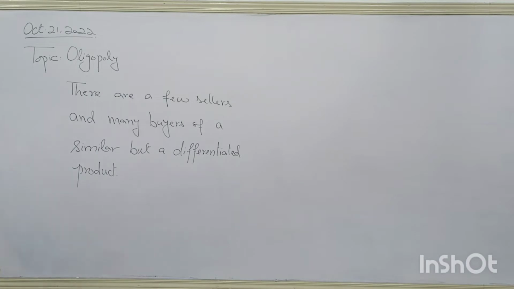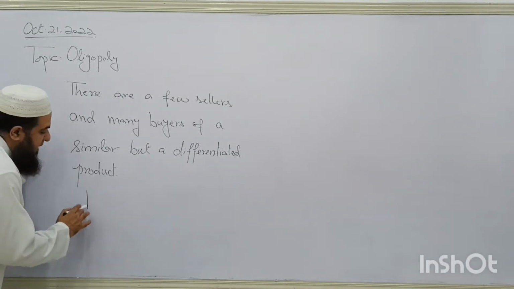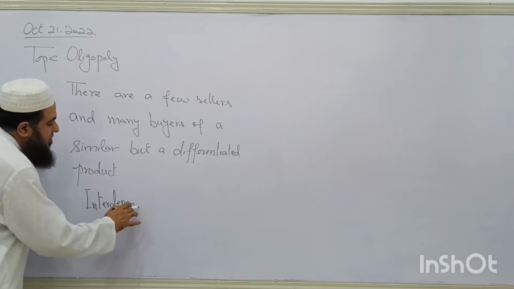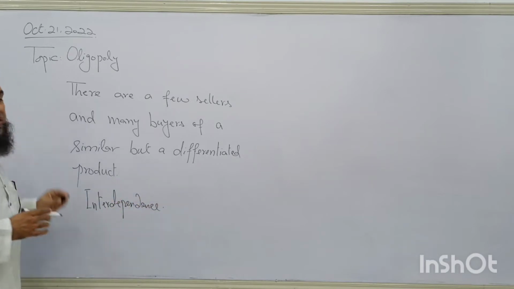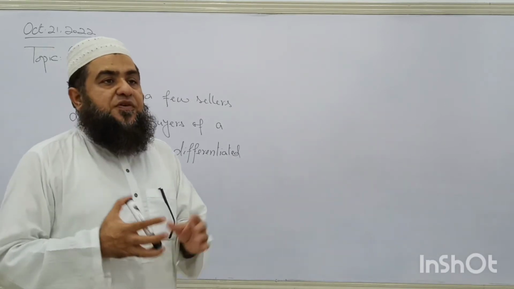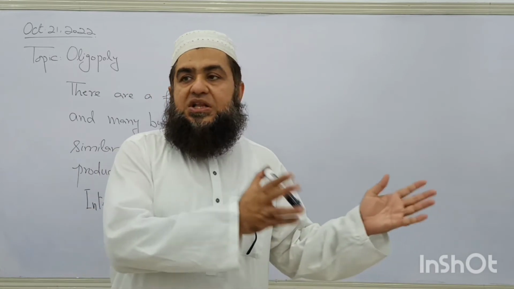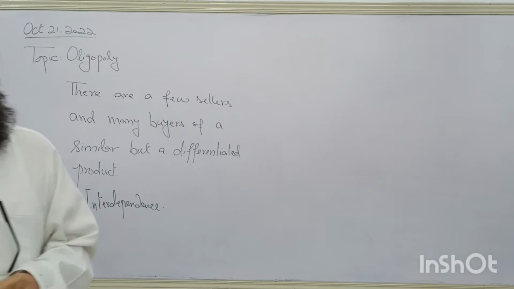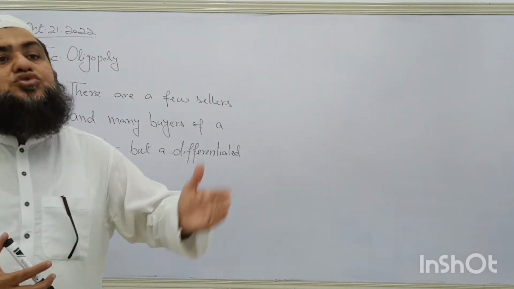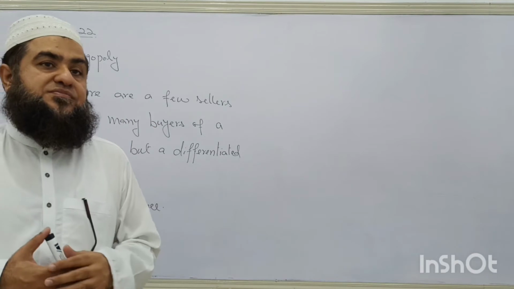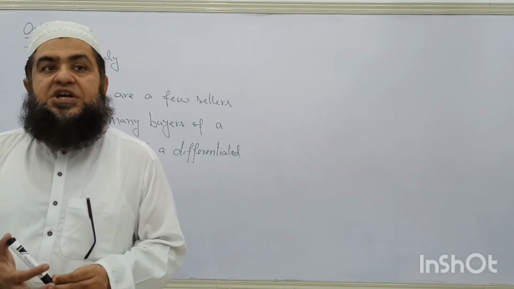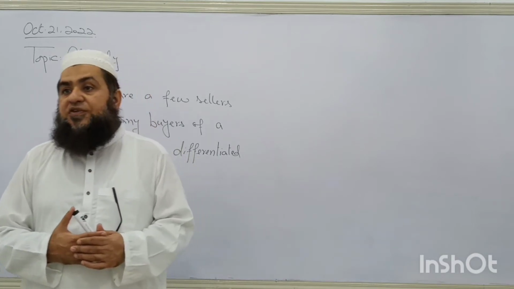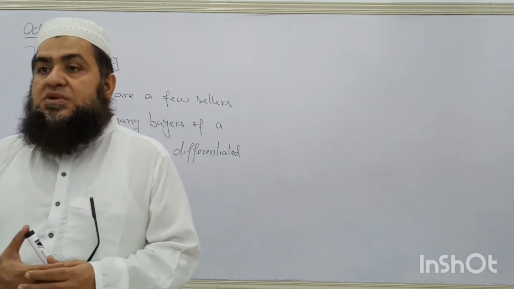The other characteristic is interdependence. What do we mean by interdependence? Each firm's decisions are affecting the other firms. When one firm is going to take an action, the rival firms will react to that action, more or less. It depends how rival firms are going to react to the first firm. Clear or not?